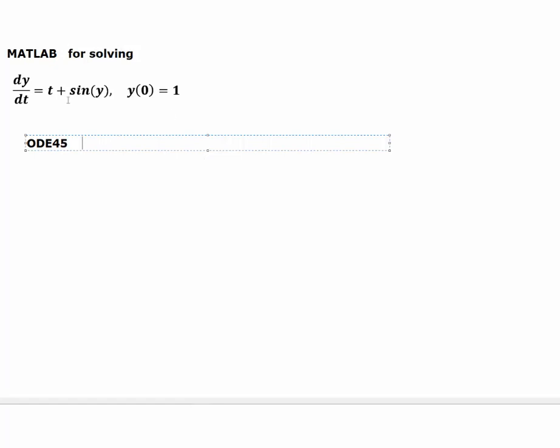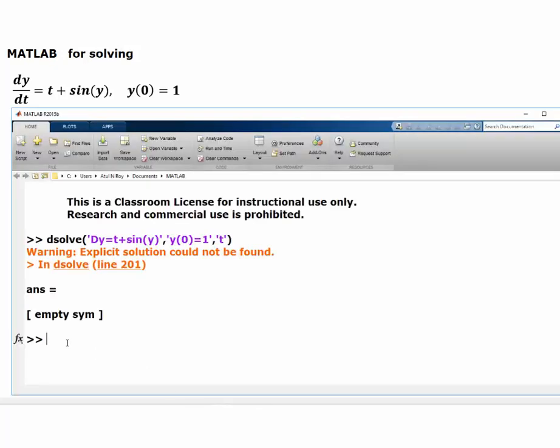And we are attempting a solution because the existence and uniqueness theorem, if we apply it on this initial value problem, does guarantee us a unique solution. So before we go for ODE45, what we have to do first is define what you call an anonymous function.